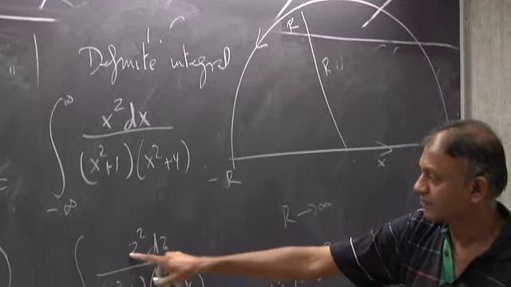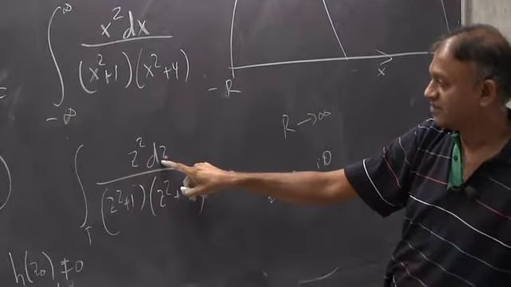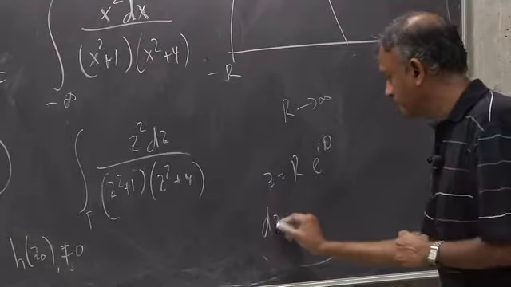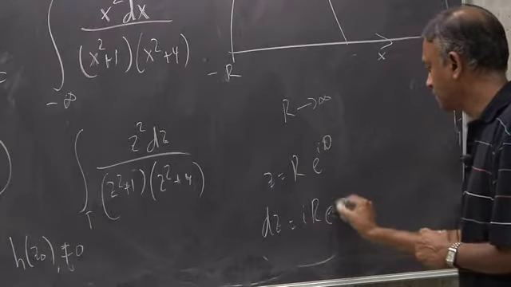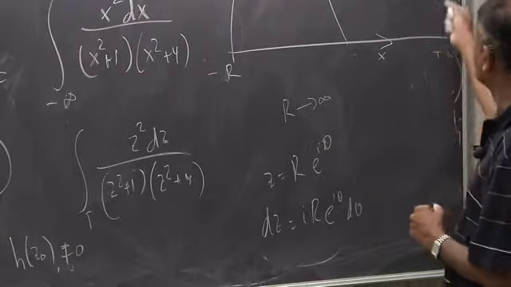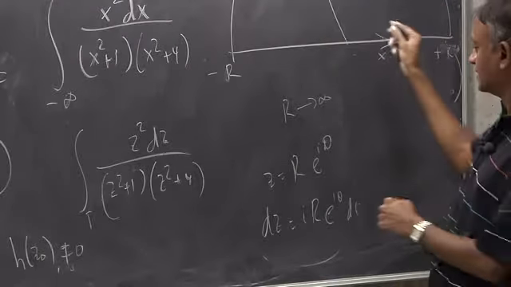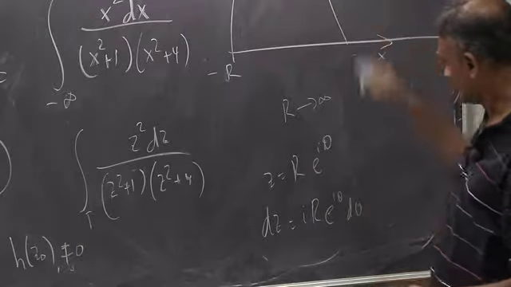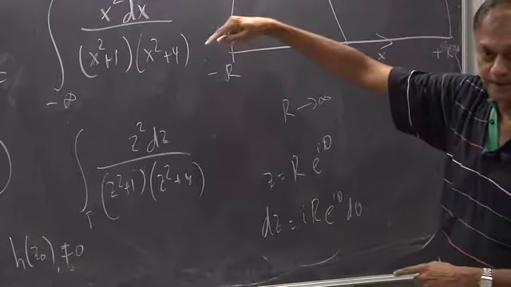Here you have R square, and dz will be i R e to the i theta d theta on this semicircle, because R is fixed and what is changing is theta only. So it's theta that you are integrating from 0 to pi.